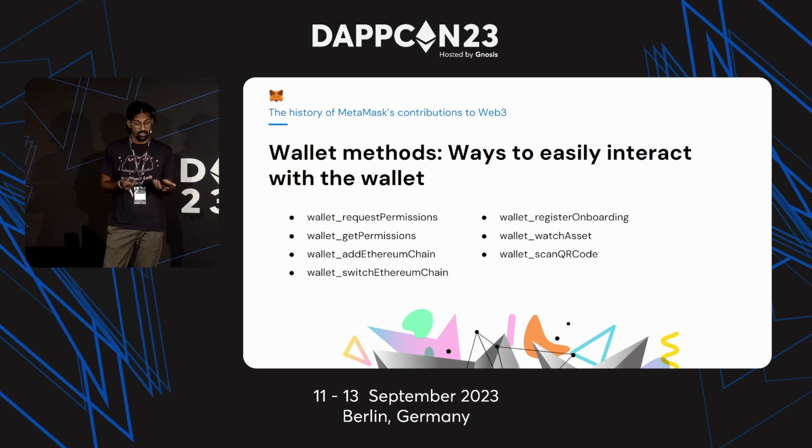Wallet add Ethereum chain. It'll open up a prompt for you to add a new chain. Wallet switch Ethereum chain. It'll let you switch a chain. Register onboarding. It'll let you register your dApp to kick back to after the onboarding process. Wallet watch asset. It'll let you register your NFTs. Wallet scan QR code, self-explanatory.